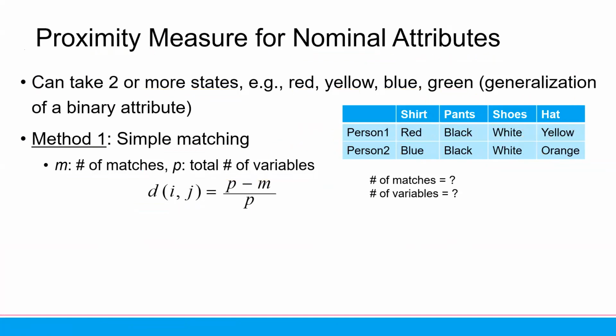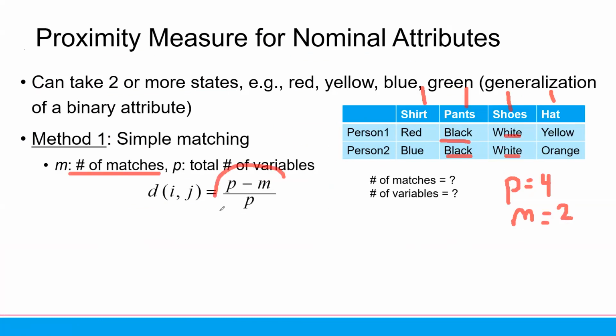Let's see this one. How many variables do we have? 1, 2, 3, 4. So p equals 4. How many matches are there among the 4? 2. Okay, black and black, white and white. So m will be 2.